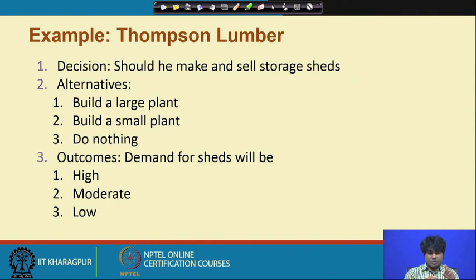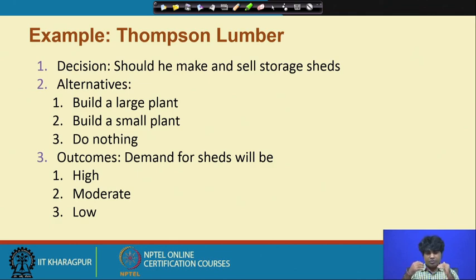In this particular example we have 3 alternatives: build a large plant, build a small plant, and do nothing. Corresponding to all these 3 alternatives we have 3 different outcomes, that is the demand for sets: high, moderate and low.